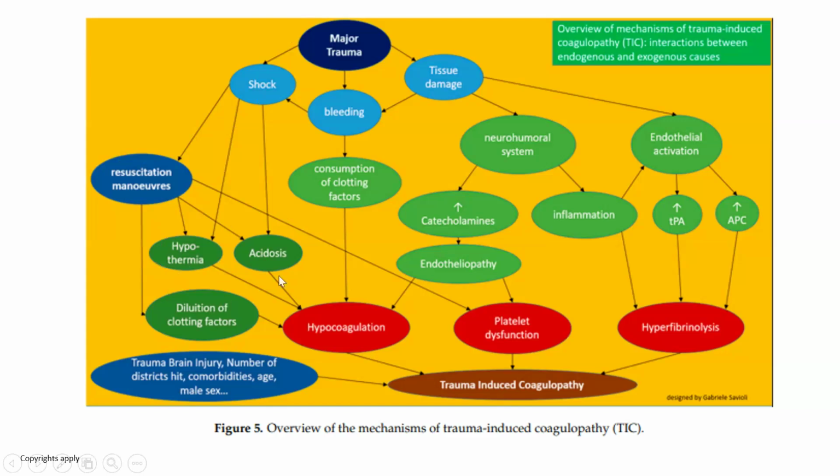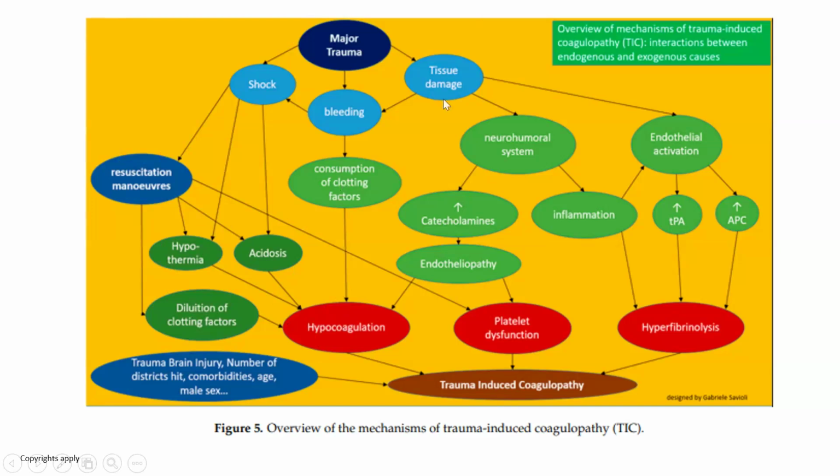Shock causes hypothermia and acidosis. Resuscitative maneuvers further worsen the coagulopathy, adding to the third of the lethal triad of death. That is your coagulopathy. Okay, so all of this together worsens the hypocoagulation. Okay, because of bleeding, there'll be a lot of consumption of clotting factors that also leads to hypocoagulation.